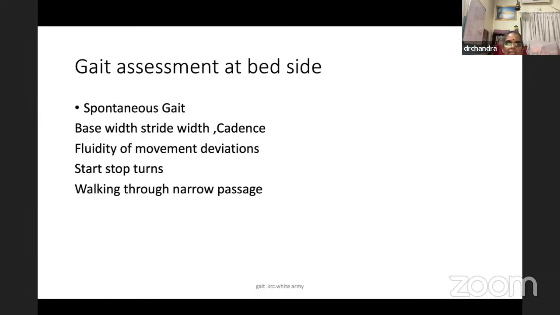The number of strides per minute is the cadence. Fluidity is the synkinesis. When the right leg is moving forward, the left arm should move forward and vice versa, in a very smooth way. And then you have to do start, stop, turn. Tell the patient to start walking, then suddenly stop and suddenly turn. All this will bring up minor abnormalities in gait and balance. And then walking through narrow passages, tandem walking.